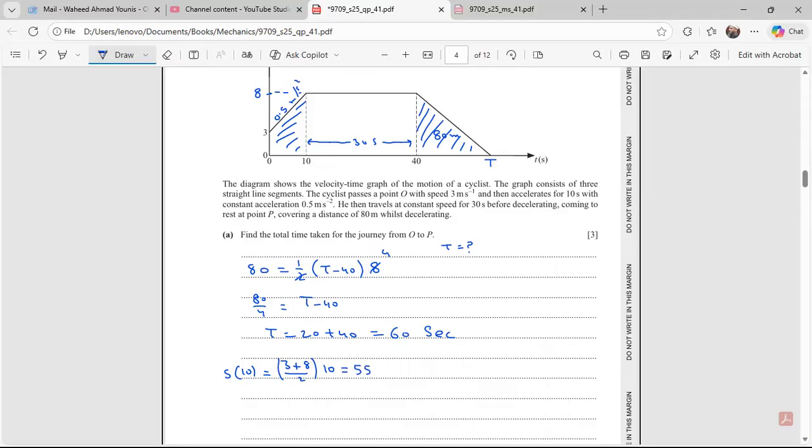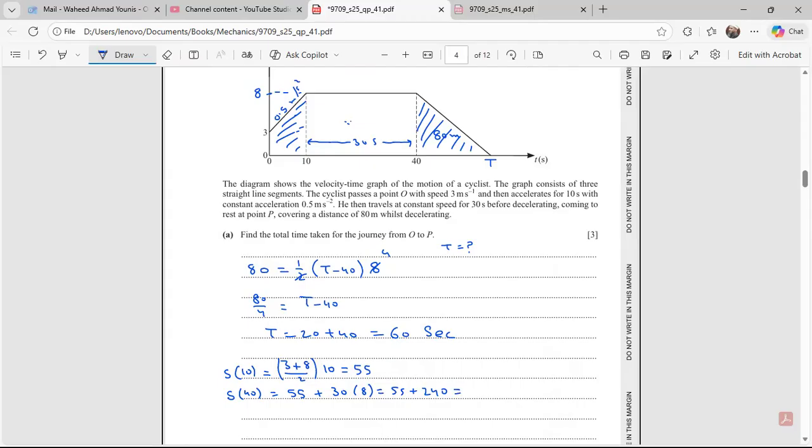Makes sense? Okay, now the distance traveled at 40 seconds. That is this area plus this area. So I have to add these two areas. So the first area is 55 plus the area of this rectangle, which is 30 times 8.